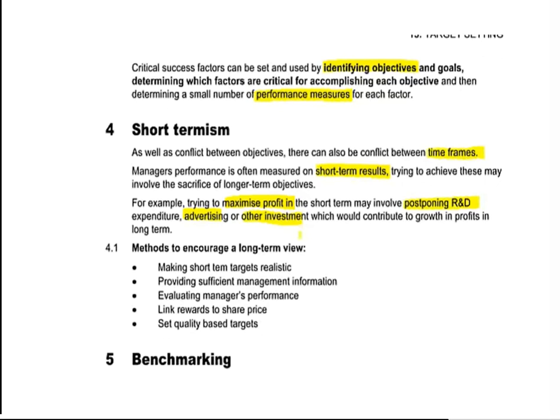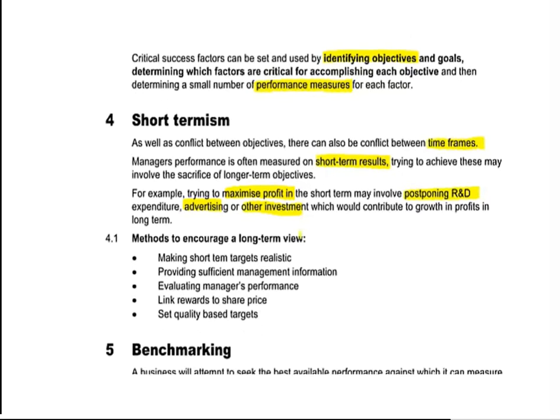So how do companies try and encourage managers to take a longer term view? Well, make targets more realistic. So don't have profit targets which are going to involve cutting everything back to the bone. Making sure then that there's enough management information to see perhaps the benefits of longer term objectives.